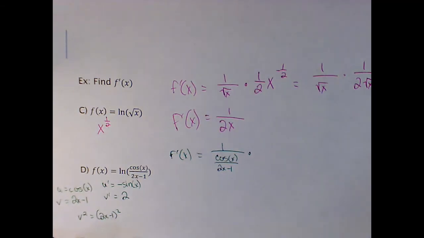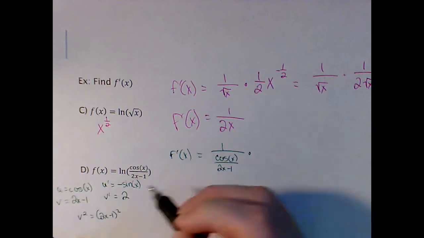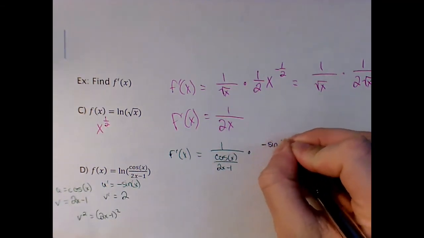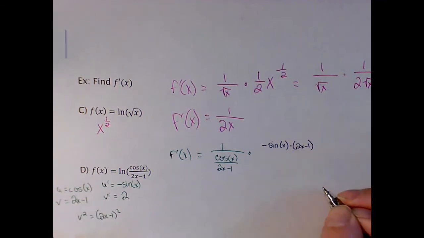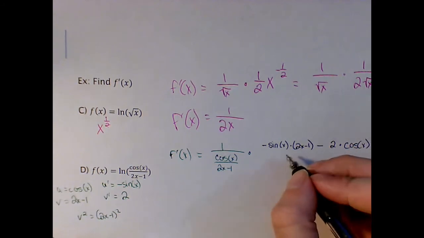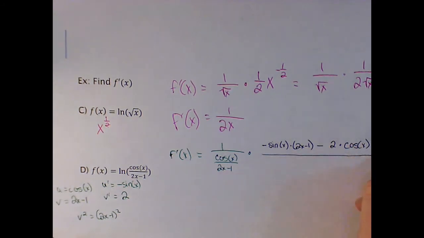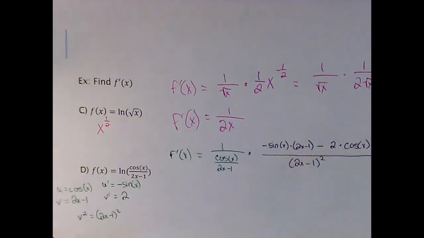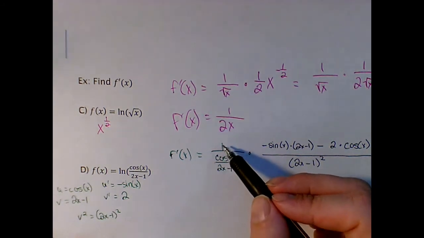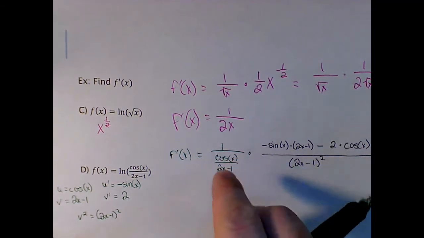So the derivative of the inside stuff ends up being u prime, negative sine x, times v, 2x minus 1, minus v prime, 2, times u, cos x, all over 2x minus 1 squared. Remember, if I have 1 divided by a fraction, you're allowed to flip the fraction and move it up.